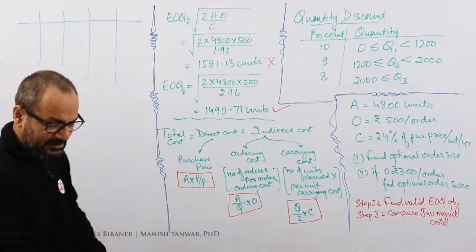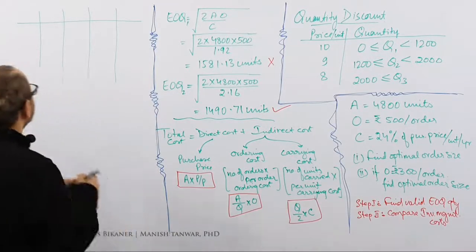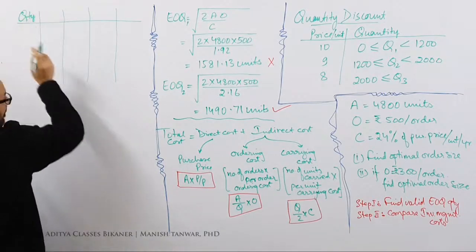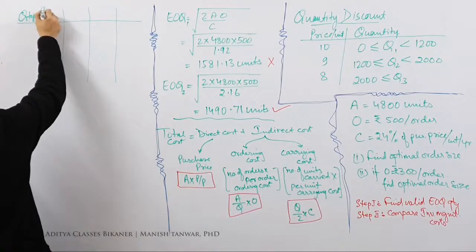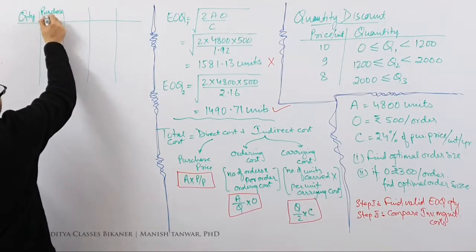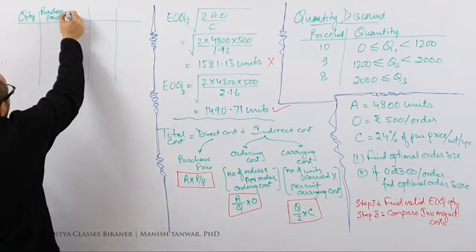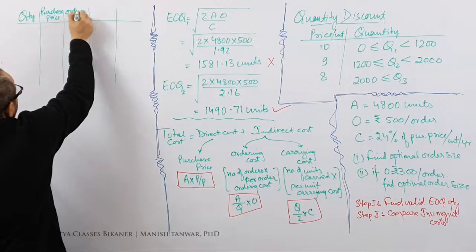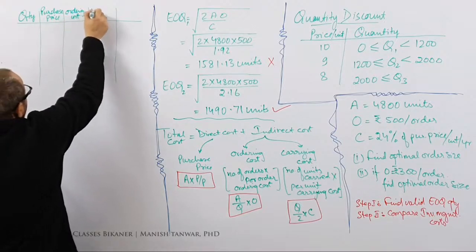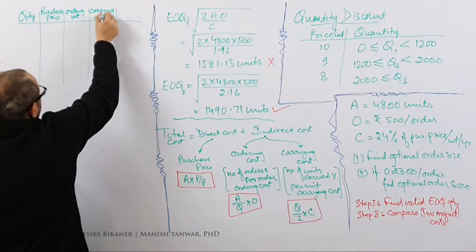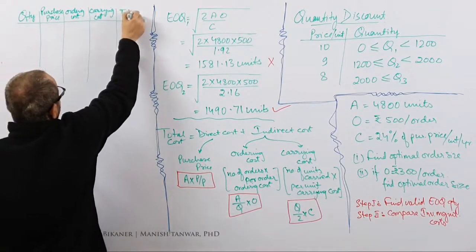What are the various headings in this table? We have quantity, purchase price, ordering cost, and finally carrying cost and total cost.